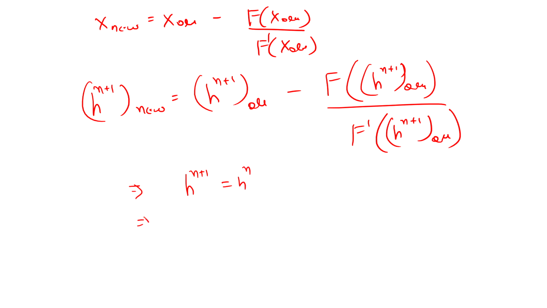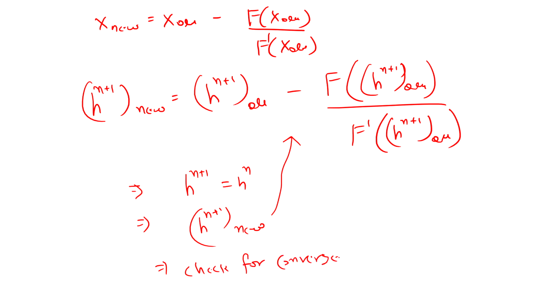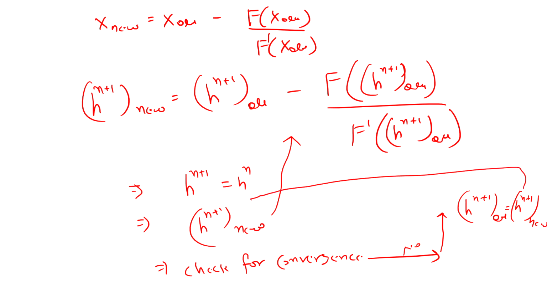We will find h^(n+1) new using this formula, then check for convergence. If no, then my h^(n+1) old will become h^(n+1) new, and I will jump from here to here.